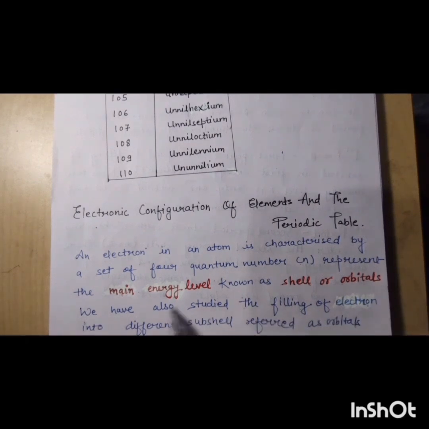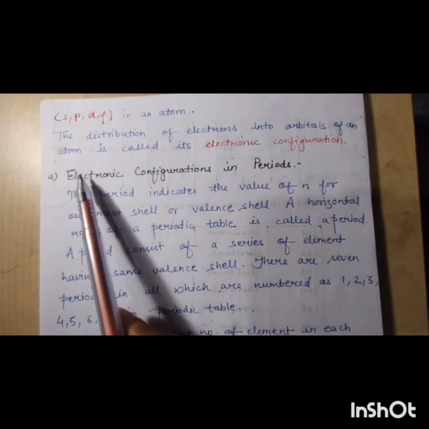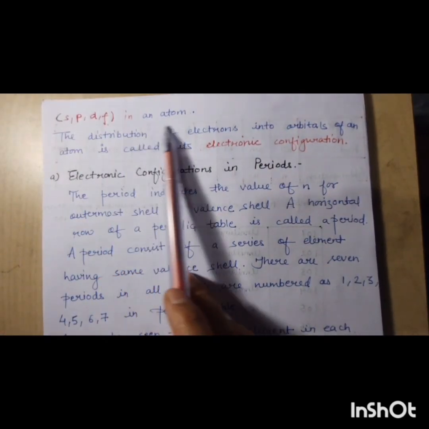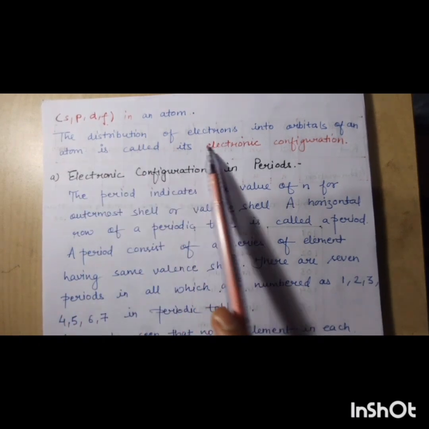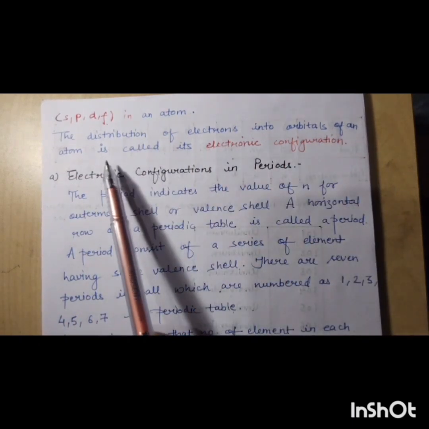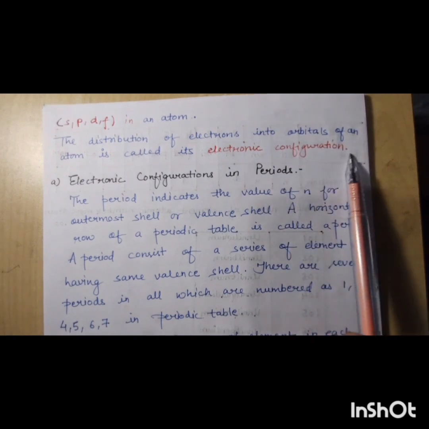If you do not know about this, then go to the link and see my previous video about the atomic structure, where the description is there. We have also studied the filling of electrons into different subshells referred to as orbitals, known as spdf in an atom. The distribution of electrons into orbitals of an atom is called its electronic configuration.